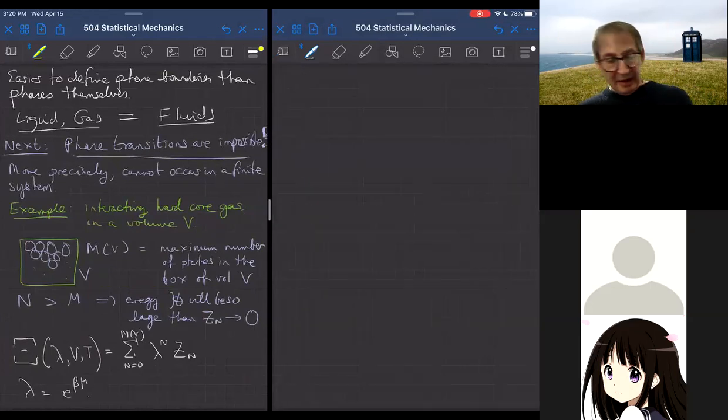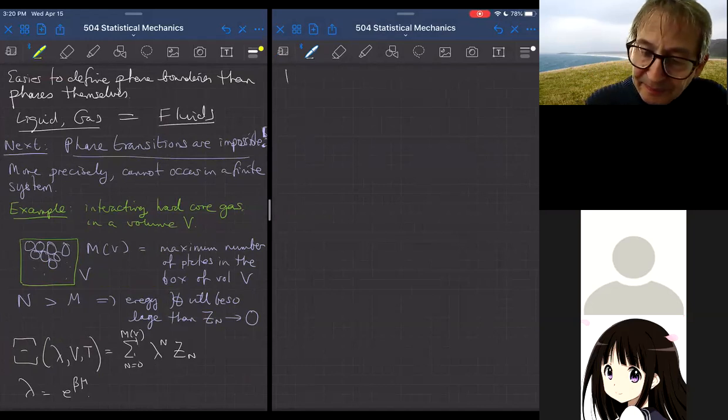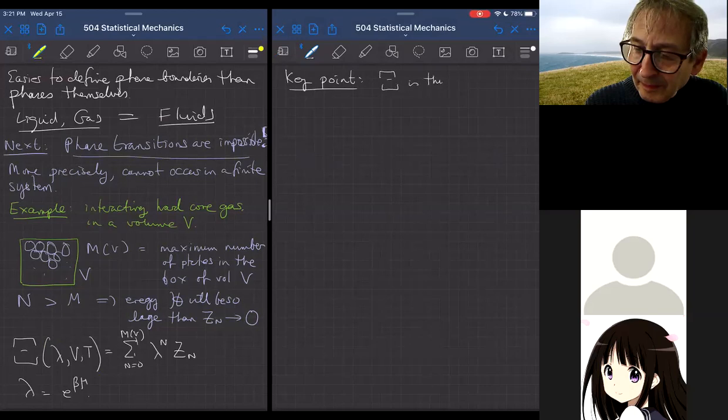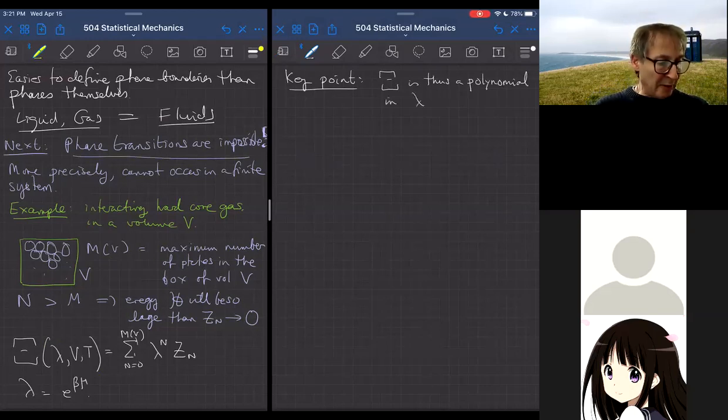Okay, so the key point, and we'll talk about this next time in more detail, is that this is a polynomial in the fugacity lambda.